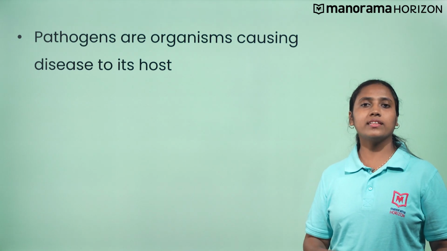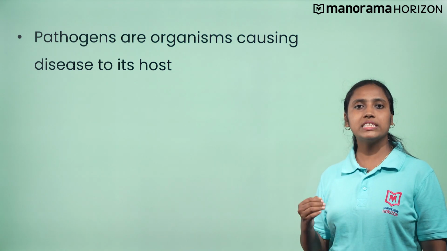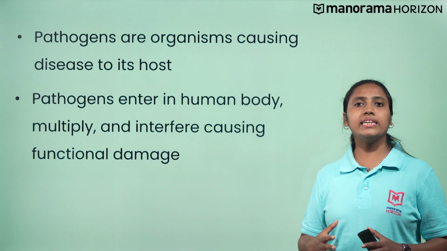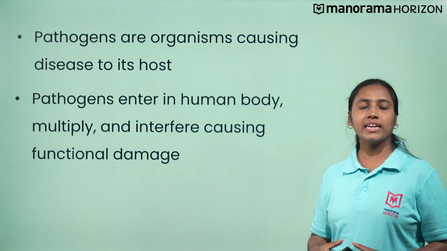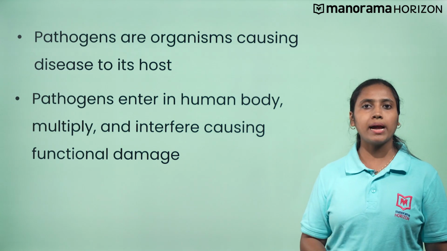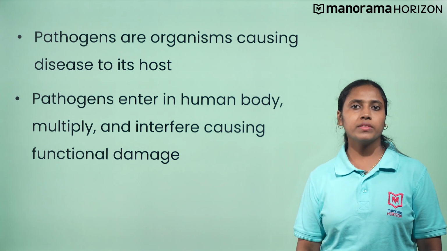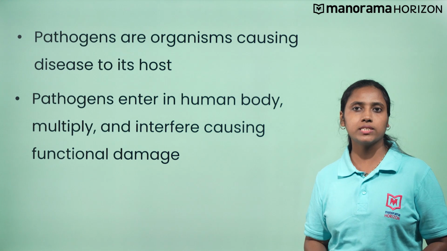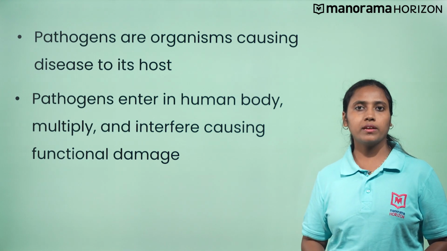Pathogens are parasites that cause harm by living inside or on the host. They multiply and interfere in normal activities to cause morphological and functional damage to the organs. These pathogens are responsible for causing diseases in the human body.